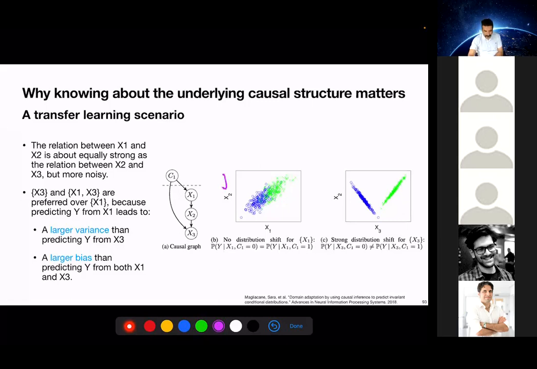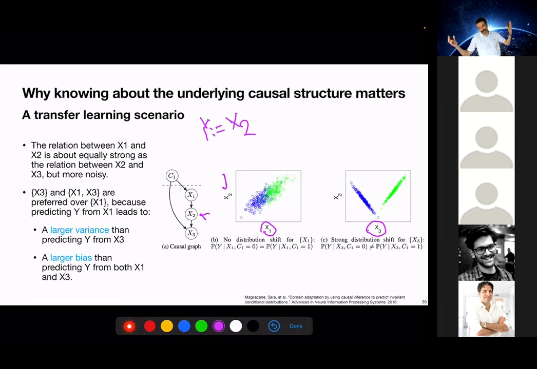So X2 is the target variable, and we have two potential predictors, X1 and X3. And these green crosses represent the source data.